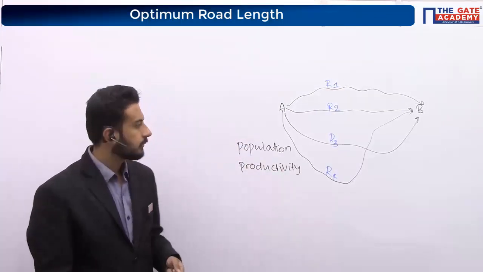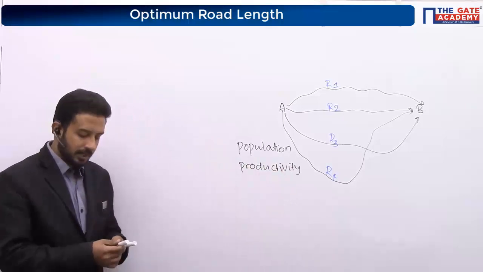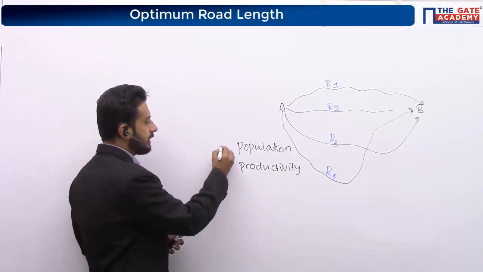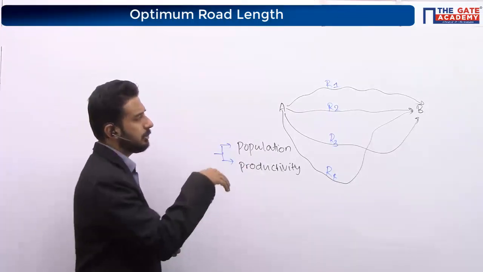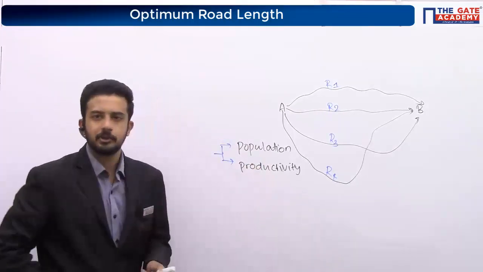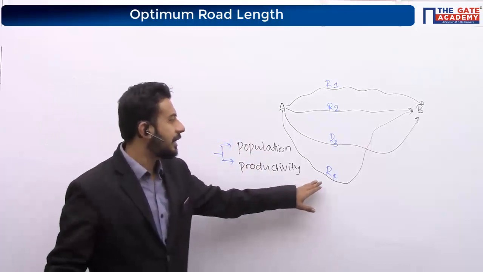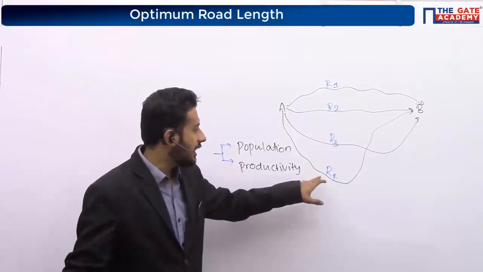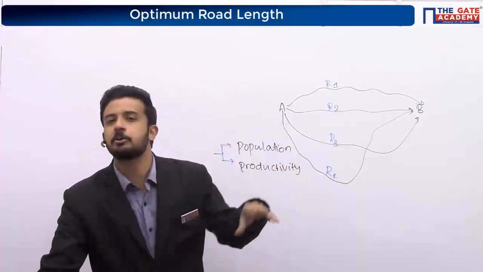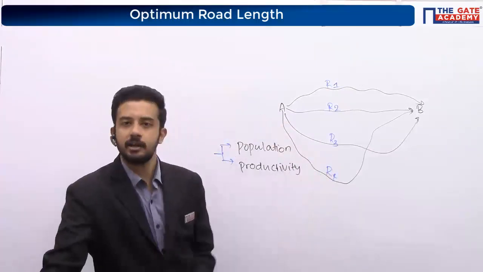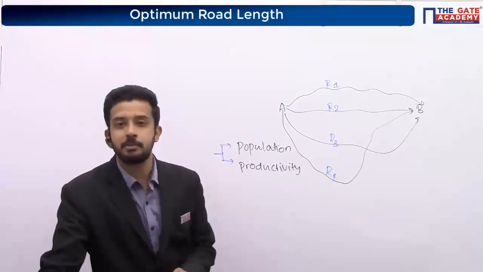Based on this, definitely how much population and how much productivity it is serving will be different for R1, R2, R3, R4. Most probably R4 will be more, na? Road 4 will be serving a lot of people because the length is very high, so it can serve a lot of people.